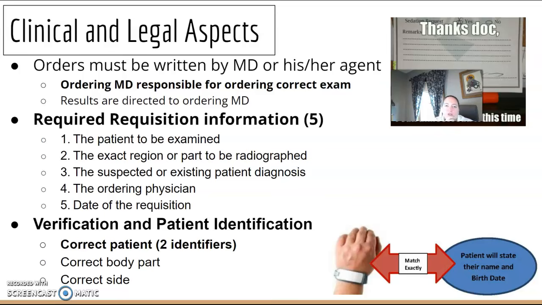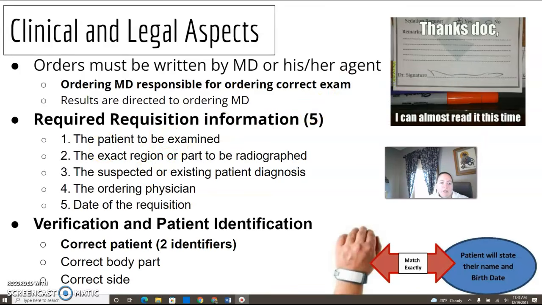On our orders, it'll say clinical question, like clinical question pneumothorax, clinical question fracture, something like that. It also has to have a date on it, and for us, it has to have the physician's signature. And then verification and patient identification. I know we know this, right? 2 patient identifiers, and we have to check the correct side and the correct body part to be examined.